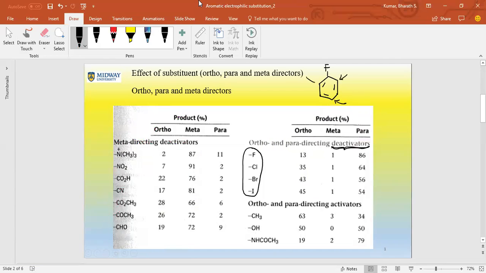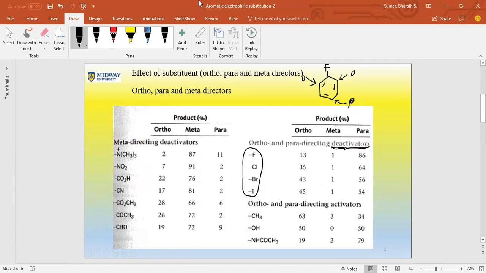Okay, this is ortho, ortho, para. Right? So if you're starting with this, you started with the benzene and then you added a fluorine. If you have a fluorine, chlorine, bromine, or iodine, these are deactivators, and whatever incoming electrophile would only go to the ortho and the para position.